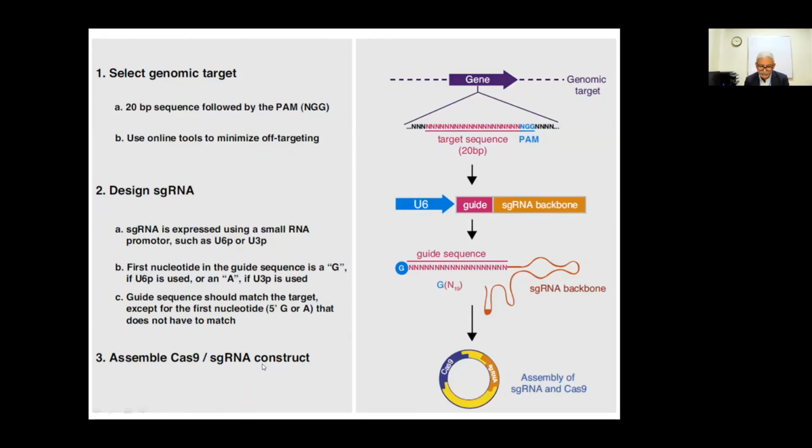Assemble the Cas9 sgRNA construct. You can have Cas9 on one vector and sgRNA on another vector. That's a binary system. Or you can have the Cas9 and sgRNA on the same vector system. All your expression should be transient. I won't recommend you to go and do a stable integration of Cas9 into the host genome.